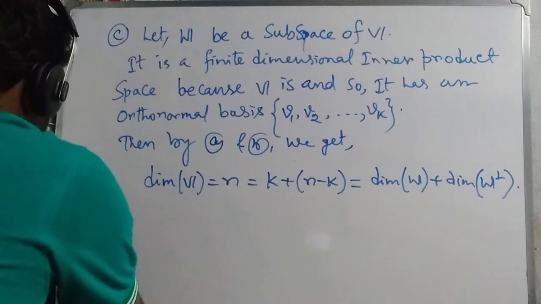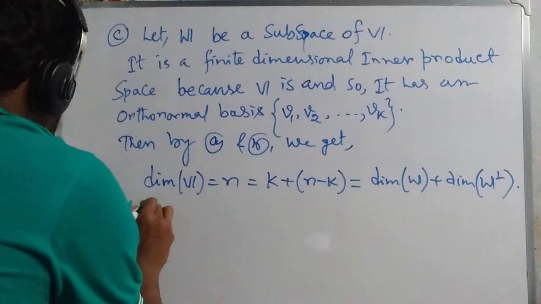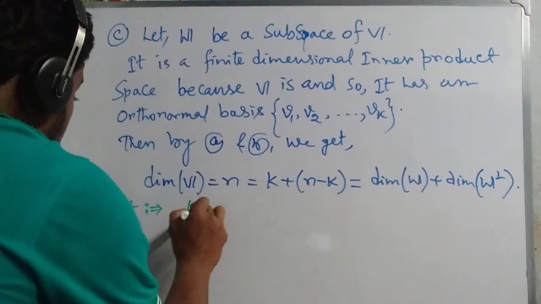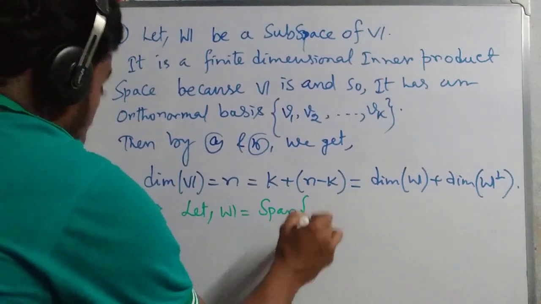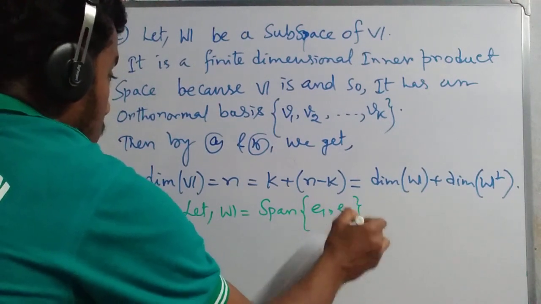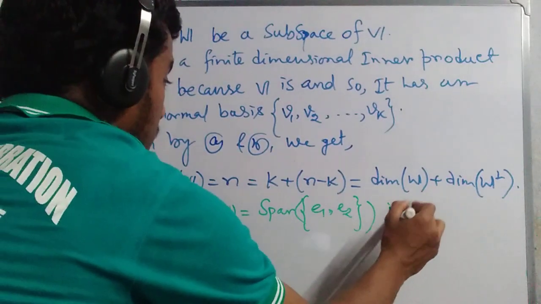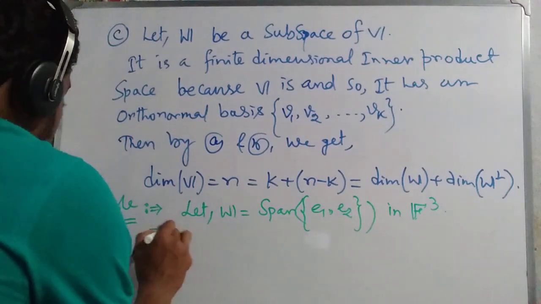Now we are going to discuss an example. Let W equal span of {e1, e2} in F^3.